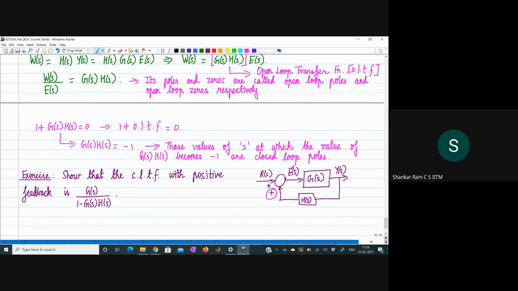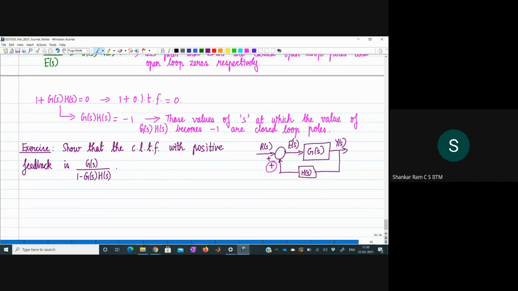So you can immediately observe that the only change is that in the denominator, instead of 1 plus g of s h of s, we will get 1 minus g of s h of s. Consequently, the closed loop characteristic polynomial is 1 minus g of s h of s, and the closed loop characteristic equation is 1 minus g of s h of s equal to 0. Please do this as an exercise. I'm sure this can be easily done.